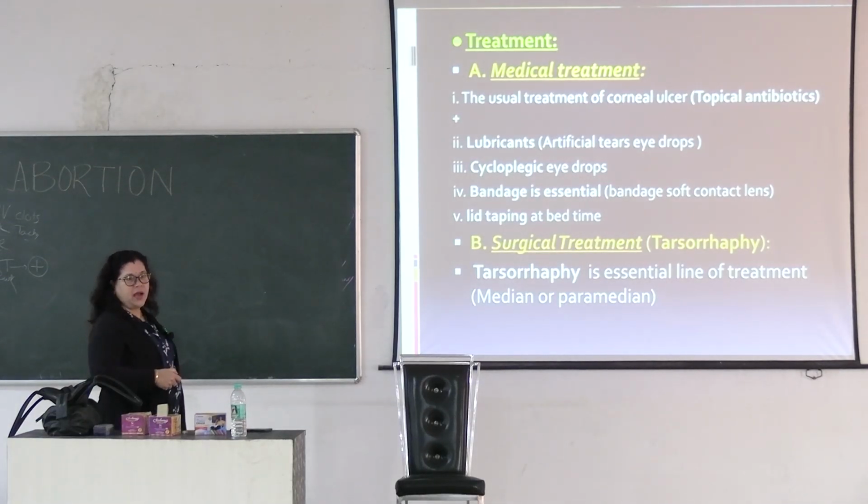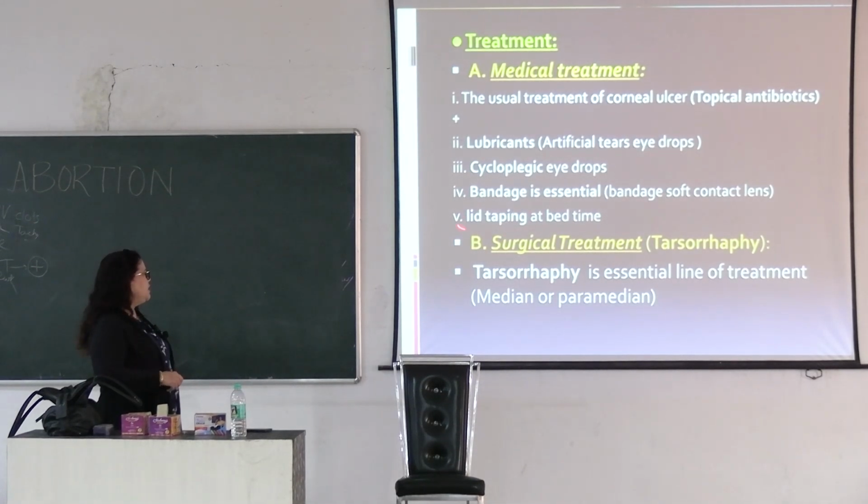eyes are open, the eyelids rub continuously and decrease the healing process. Then in some patients, lid taping is also given at bedtime to avoid irritation by ocular movements of the lid. Then surgical treatment.